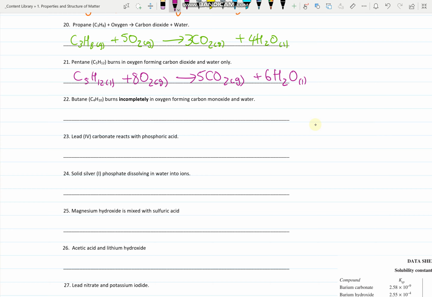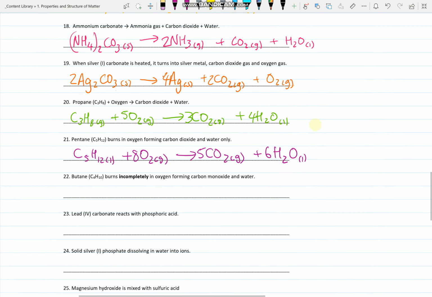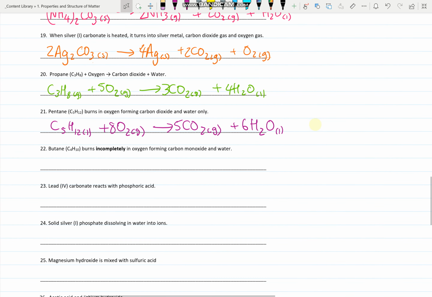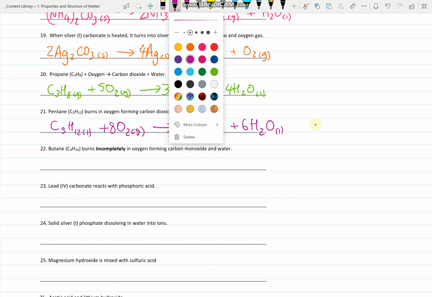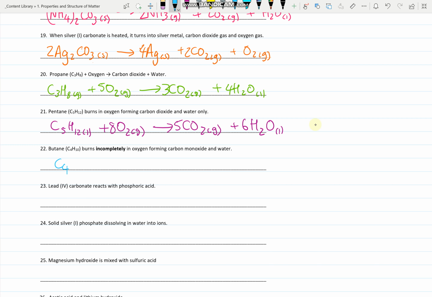But this reaction you'd have, sorry, I haven't done the color change, light blue. Got the C4H10 gas. Again, I've got the advantage of knowing the first four gases.